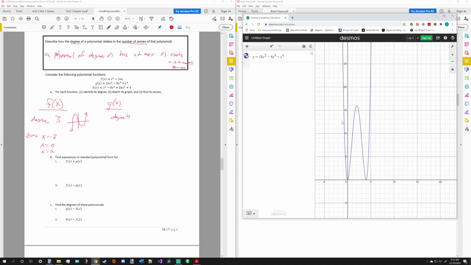All right, and kind of get this W-looking curve. And the y-intercept looks to be 0, and the maximum's on this side.